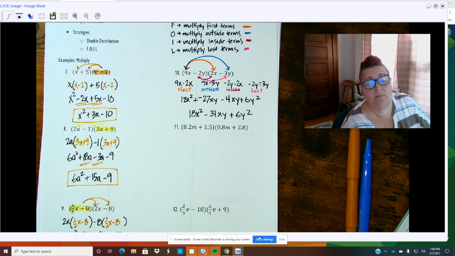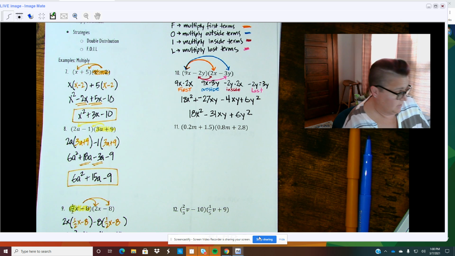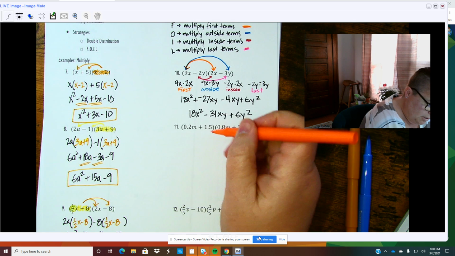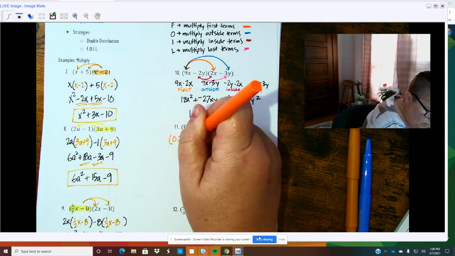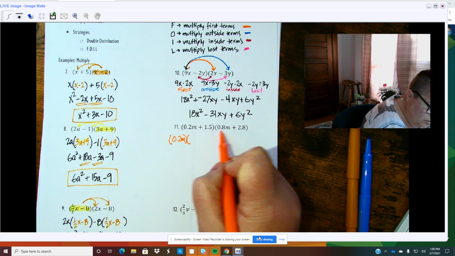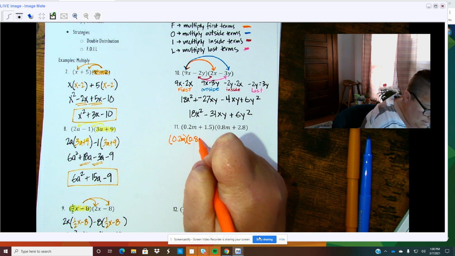So if we use the FOIL method for problem number 11, we would be taking our first terms, that's orange. So I would be a 0.2m times the other one, which is a 0.8m.